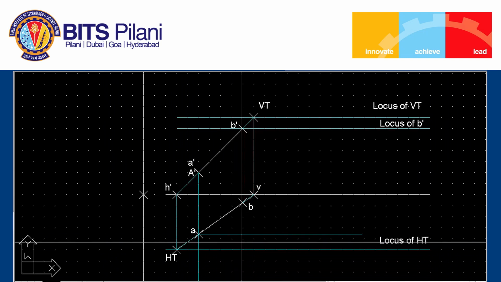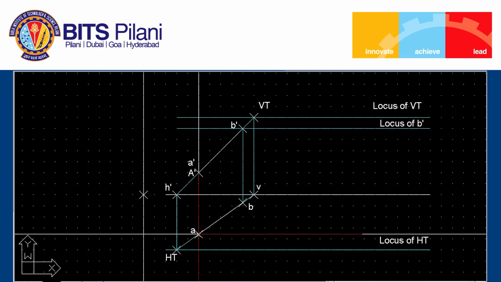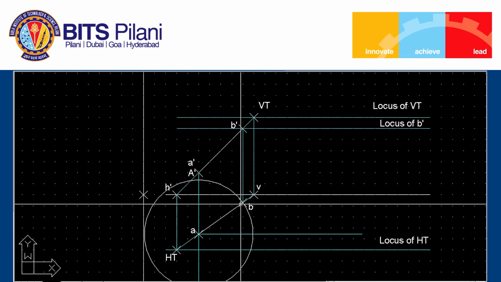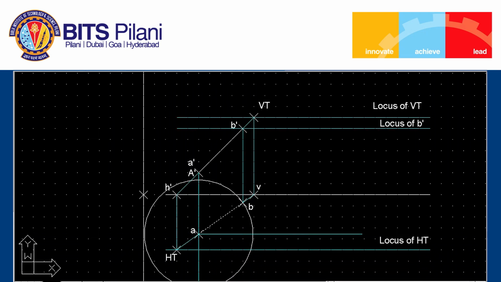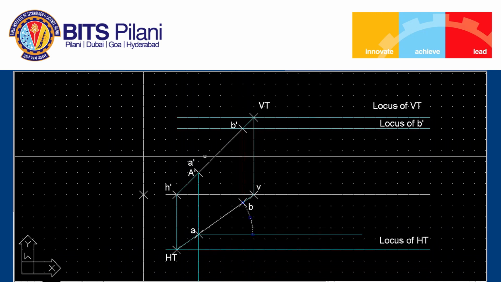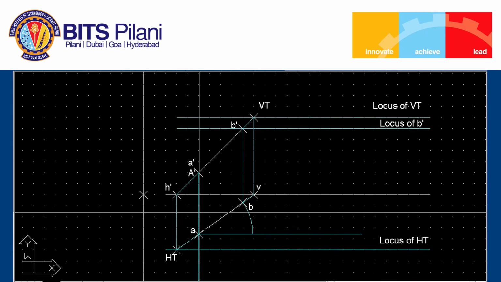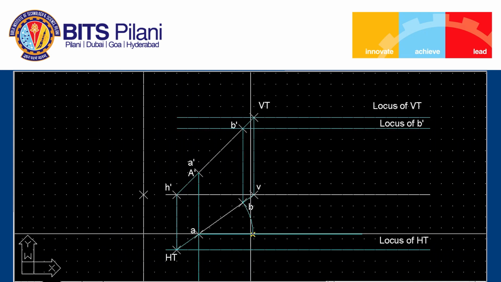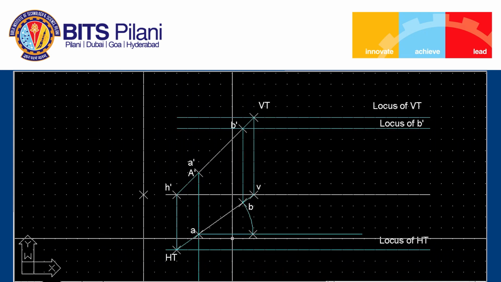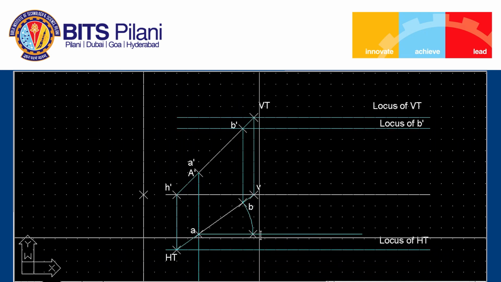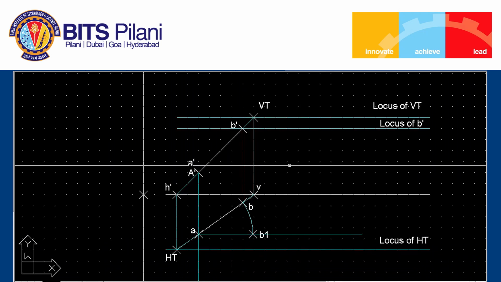Then we will rotate the point B prime. This point, what we get is B1. Now project this point till the locus of B prime.